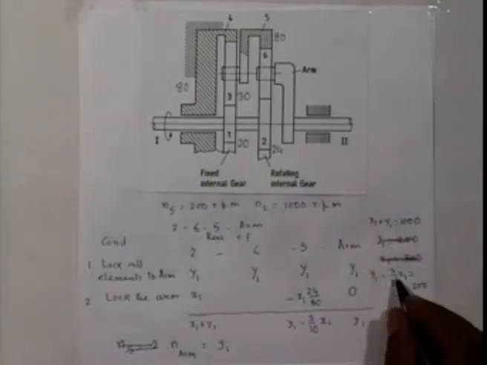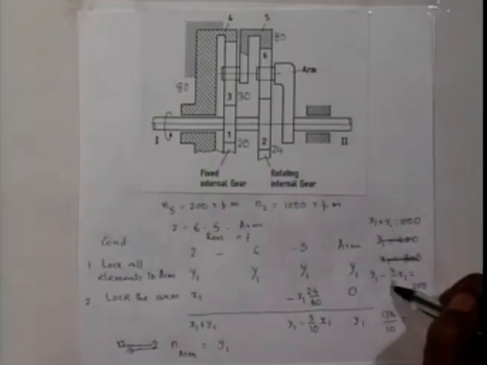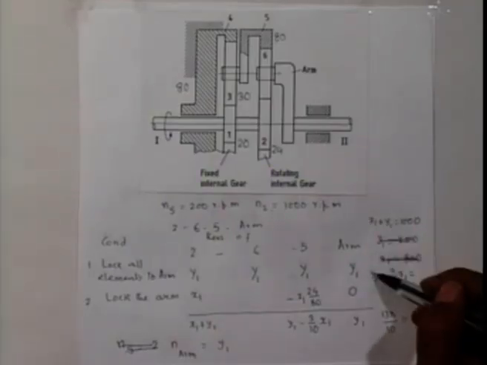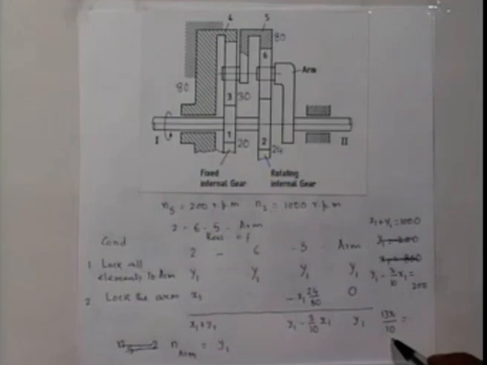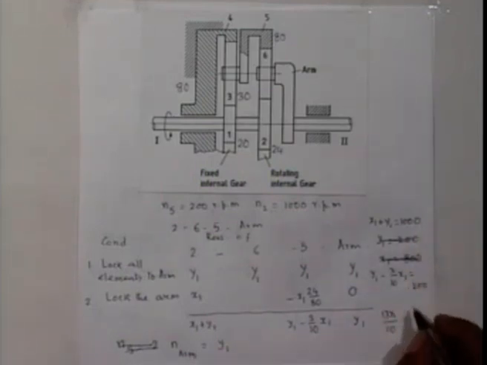So if you solve for y1 from this, what we get, we eliminate x1, I multiply by 3 by 10 and add, so I get 13 y1 by 10. 3 by 10 I have multiplied and adding, so x1 getting cancelled, 3 by 10 plus 1 give me 13 y1 by 10, and this is 3 by 10 of 1000, that is 300.